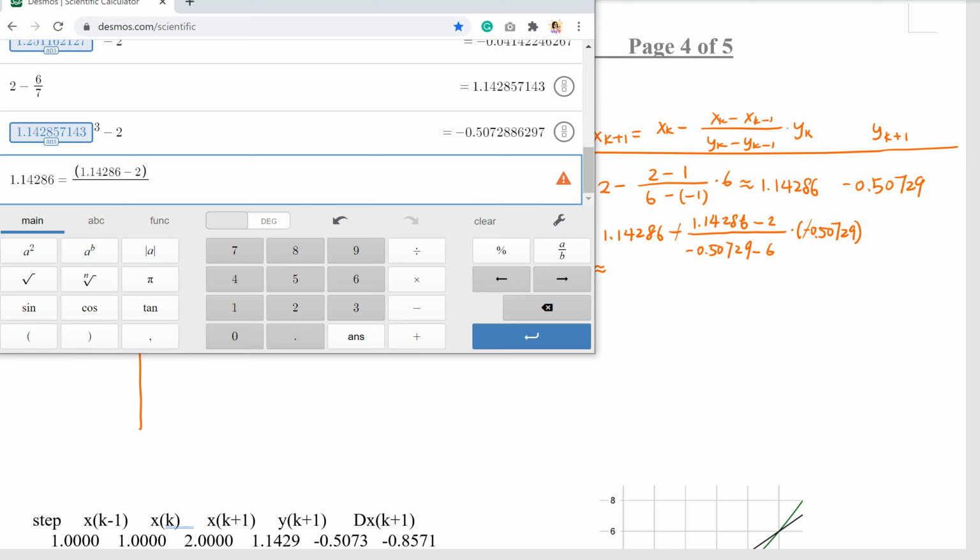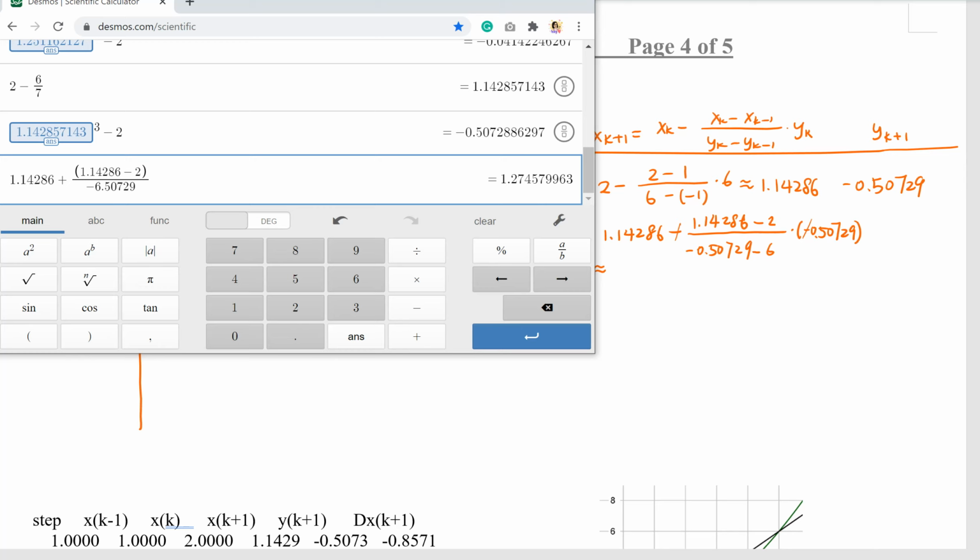Because they're both negative, the bottom is actually negative 6.50729. You can also type minus 0.50729 minus 6. It's the same thing, but sometimes if I can calculate it, then I don't need to type more, to reduce my work.